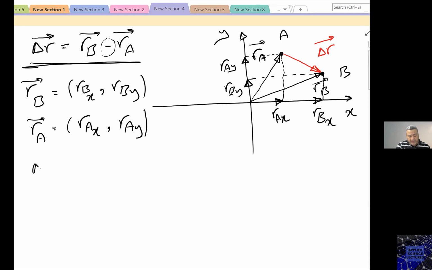What does this mean? This means delta R for me indeed is the X of RB minus the X of RA, comma, the Y of RB minus the Y of RA. So this one is RBX minus RAX. So this is the X component.